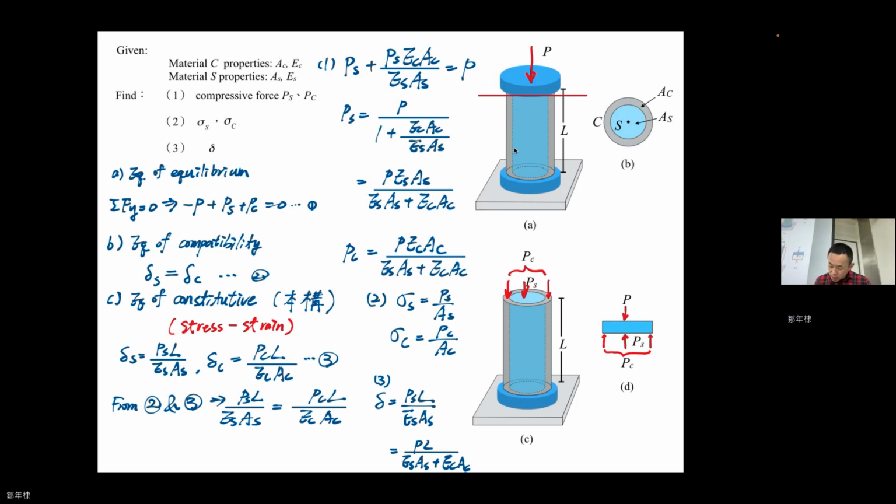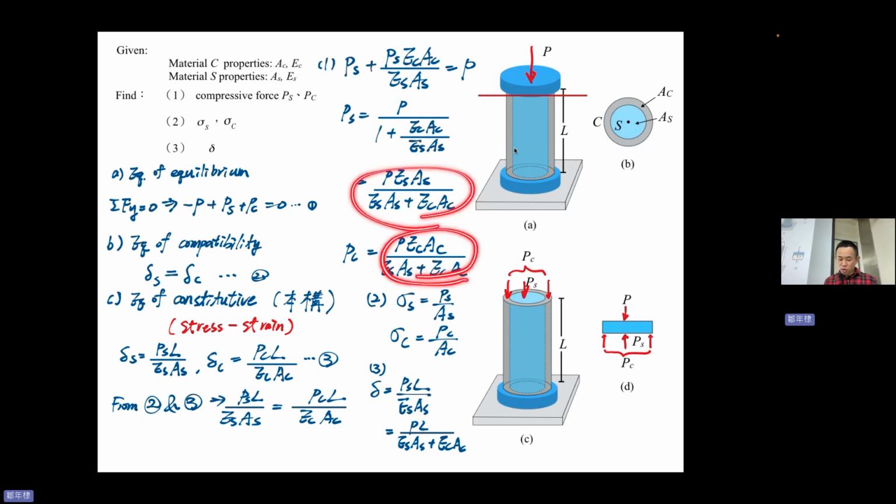Again, when you write down your answer, you can always check if this makes sense by checking the symmetry of ESAS, ECAC, and PL delta. This looks really symmetric. It's quite nice.